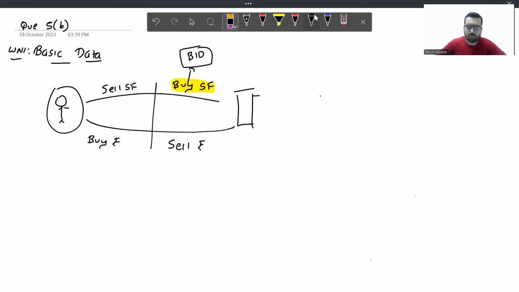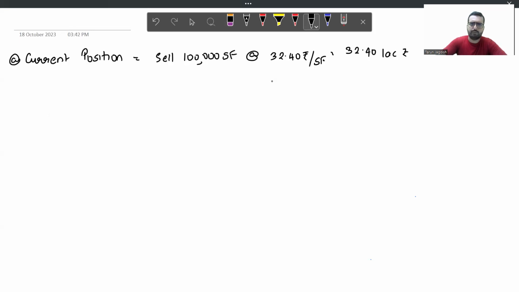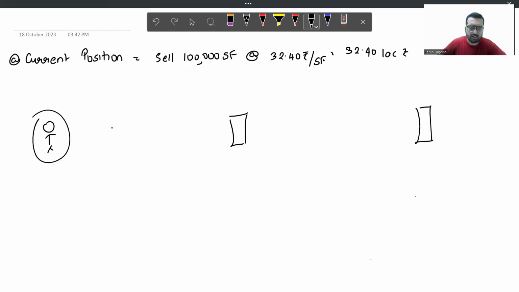All right. So now what the bank has done is, let us say this is the London bank. Or I'll draw a fresh diagram for that. Let's not create confusion here. I'll keep this as rupees per Swiss francs, correct? Okay, I'll draw a fresh diagram here. So basically what has happened here is the customer, here is the bank, here is the London bank. So what has he told?